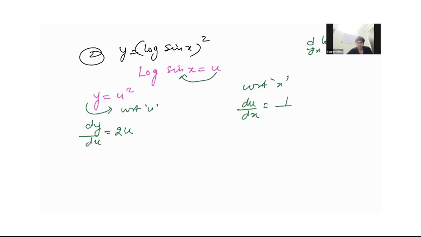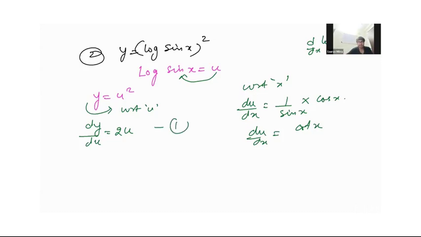So it is 1 upon sin x, and the differentiation of sin x is cos x. So du by dx can be written as cot x, and dy by du is written like this.